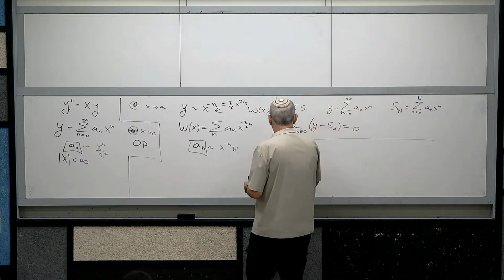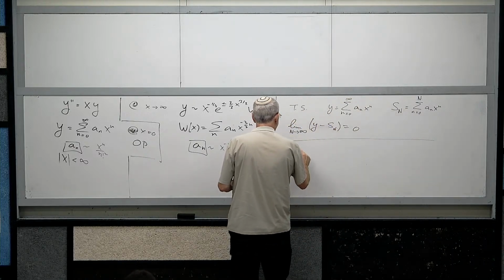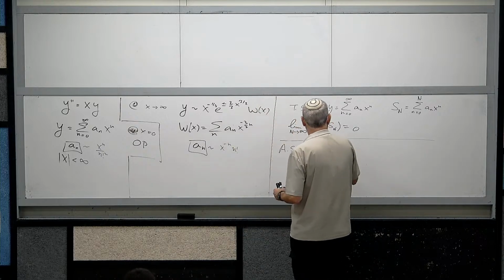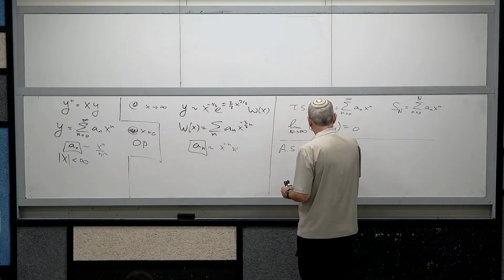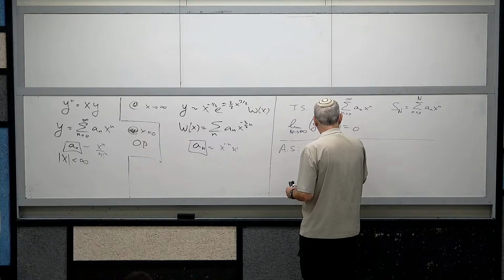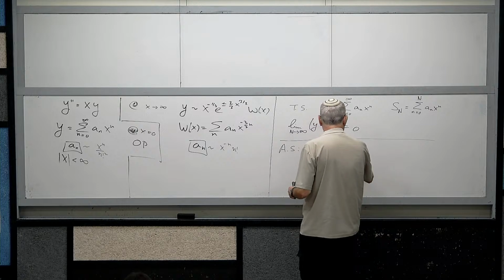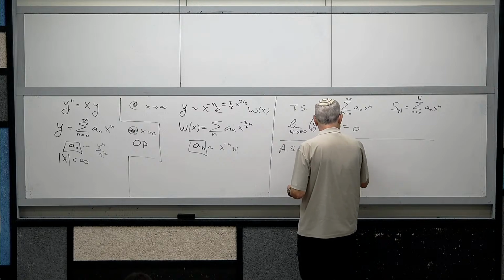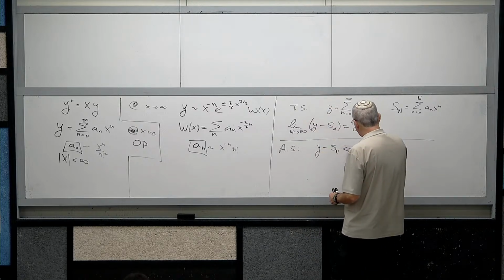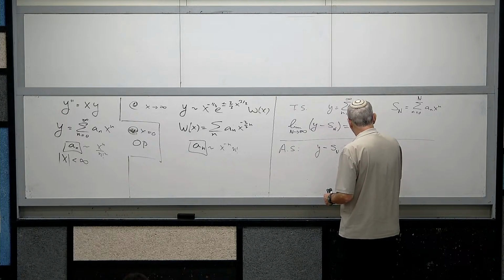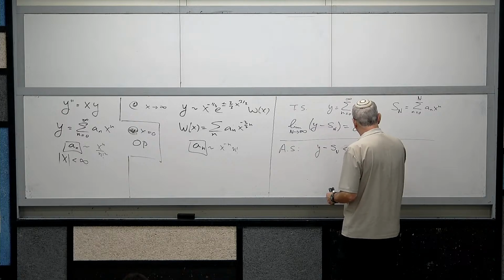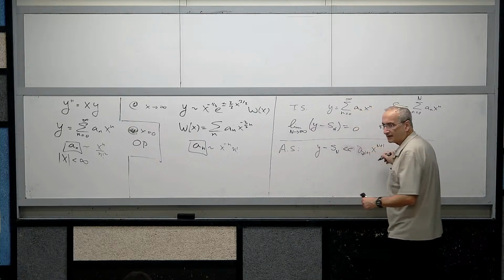On the other hand, if we have an asymptotic series, all we know is that y minus S_N is negligible with respect to the next term, a_(N+1), whatever the next term is.